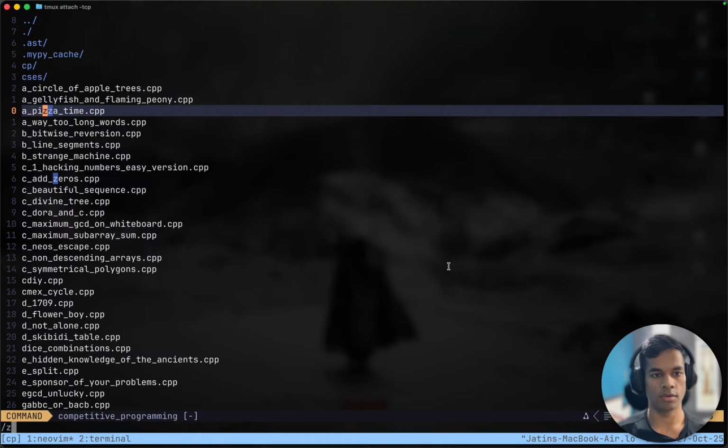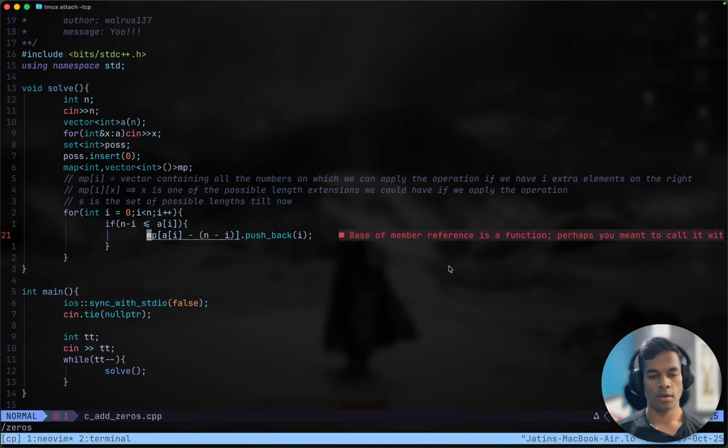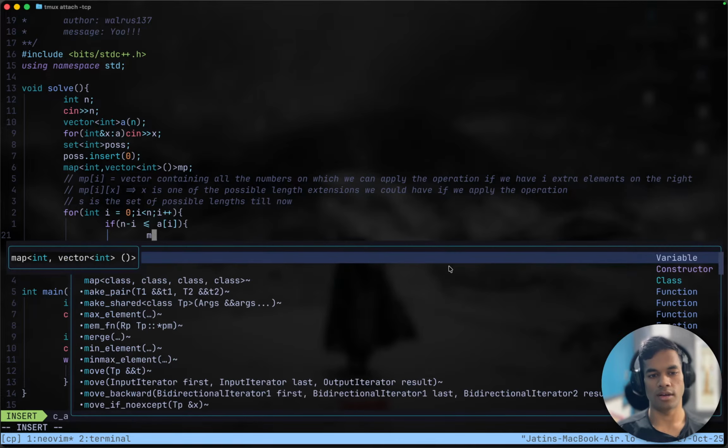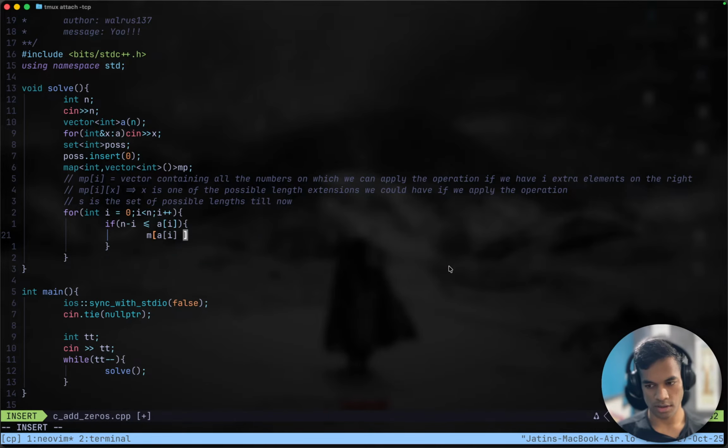Add zeros, mp dot push back, which is correct. mp, the number of elements which are required, the number of elements onto the right is n minus 1 minus the number of elements, okay, the number of elements which are required this much, and the number of elements which are there are this much.